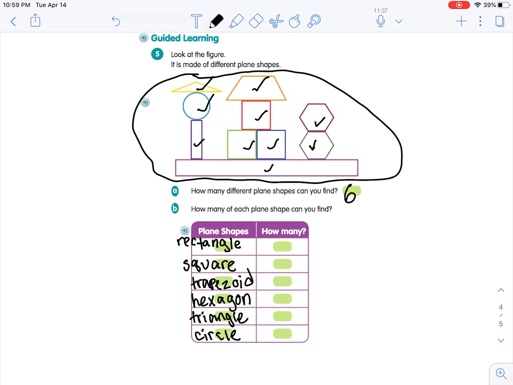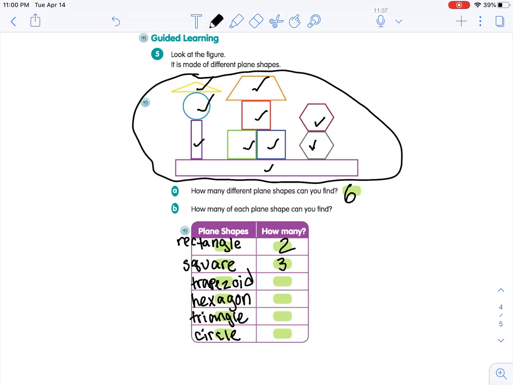So let's go through, how many rectangles did you find? If you said 2, I agree. How many squares did you find? Go in there and count them. Did you say 3? Me too. What about a trapezoid? How many sides does a trapezoid have? Did you say 4?